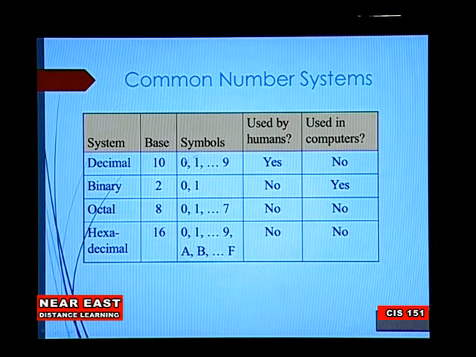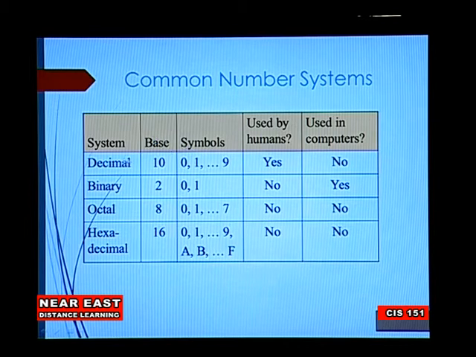In this table it shows the common number systems, which are decimal, binary, octal, and hexadecimal. Decimal is base 10. Binary is base 2. Octal is base 8. And hexadecimal is base 16.